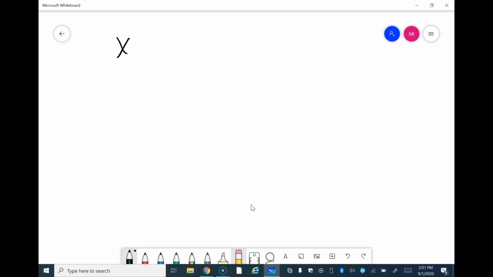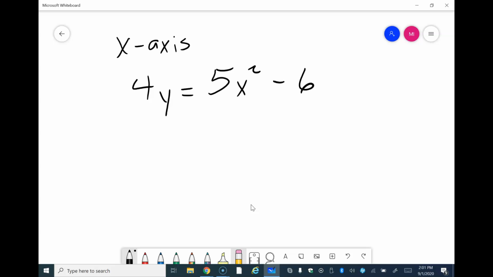I'm going to try for the x-axis first. So here's my equation. 4y is equal to 5x squared minus 6. So for the x-axis, remember, we're going to put a negative in for y. So 4 times negative y is equal to 5x squared minus 6.